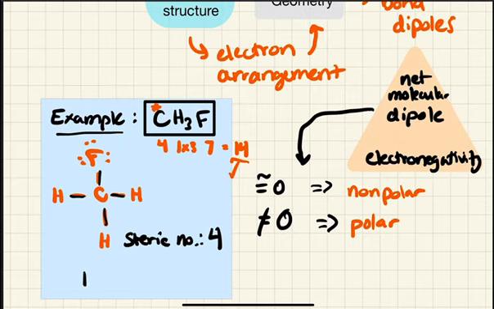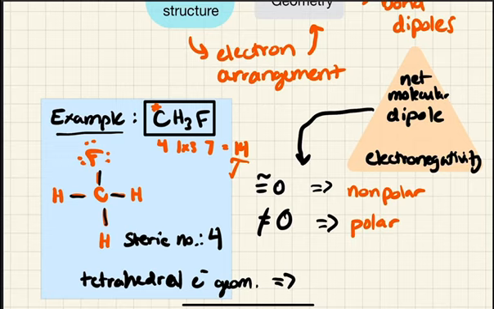So that would mean that we have a tetrahedral electron geometry, right? Since none of these electron regions are lone pairs, that means that our molecular geometry is also going to be tetrahedral.